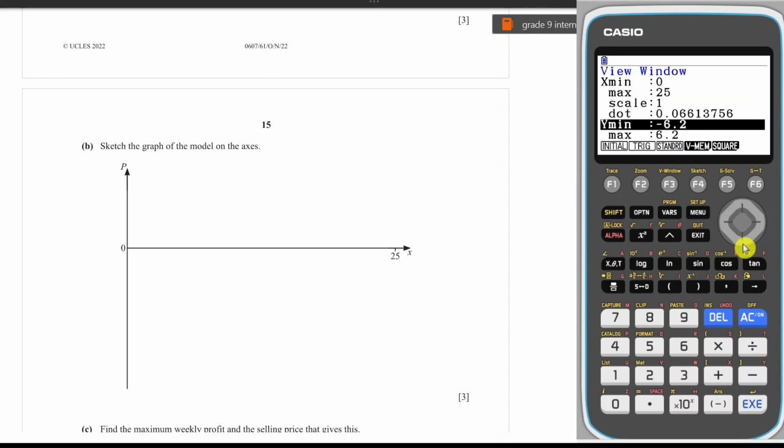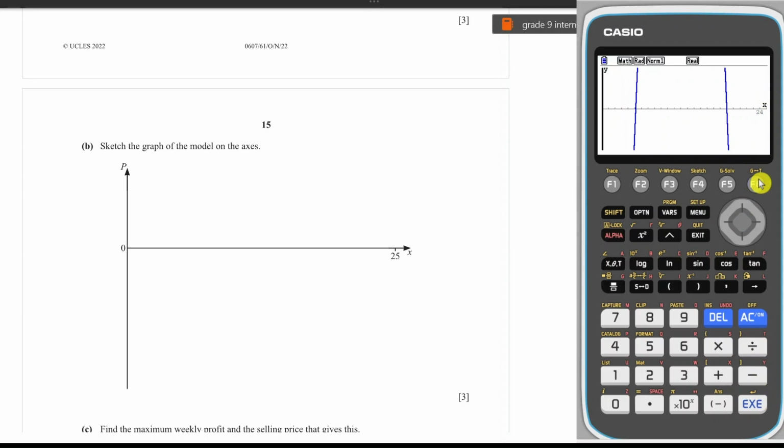I think it will be approximately, let's take a bigger value and then we'll check it out. Let's take some huge values, minus 100 and 100. Just give us an idea, so we can just draw it out now.